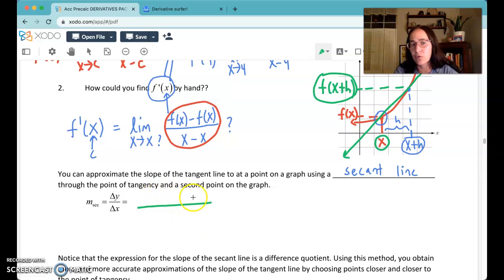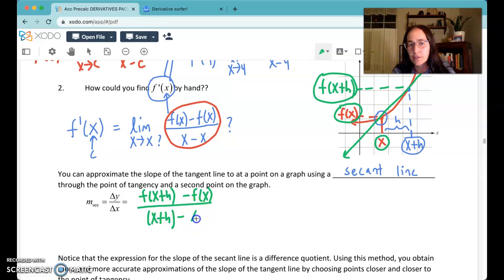So it's a quotient with a difference in y's over a difference in x's, using the labeling from this graph. The two y's are f of x plus h, that's the higher y, minus the other y, f of x. And on the bottom, I have the difference in these two expressions. They'll be x plus h minus x.